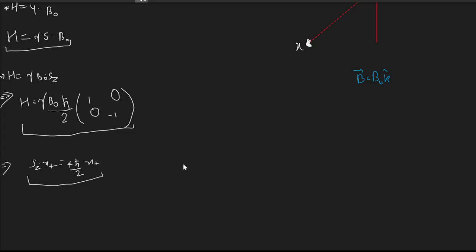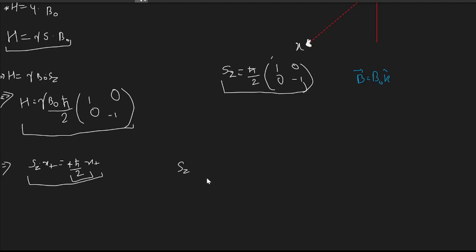So I'm going to write out the S_z operator so you will not be confused: S_z is h bar divided by 2 times 1, 0, and 0, negative 1. This is the operator. When we apply this operator to the spin up state, you get this particular value, and this value represents in which direction the spin of that particular particle is.